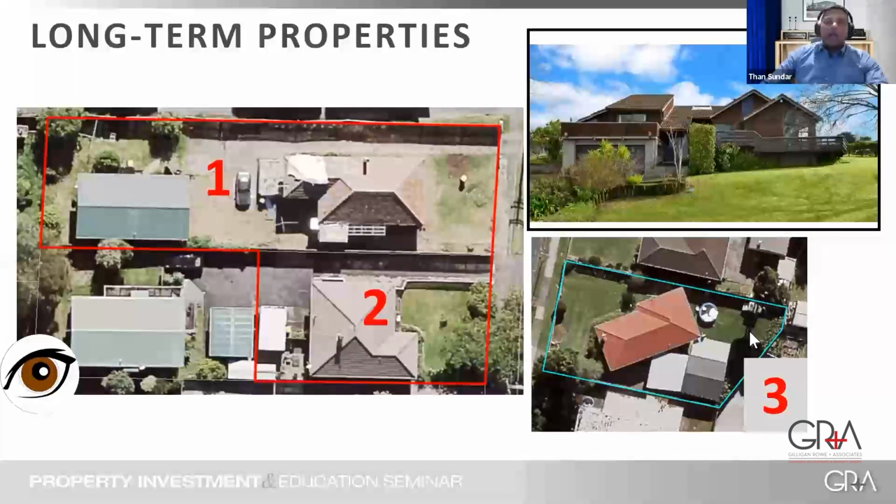So looking at my long-term properties and holds, what I'm holding on to for the future. Number one was the first property that I bought as a home and income. What I did is renovate the front property and rent the rear property out. And while living there, I sweet talked the neighbor and said, look, when it comes time for you to sell, if you are willing to sell, before you take it to market, please come and have a chat to me.